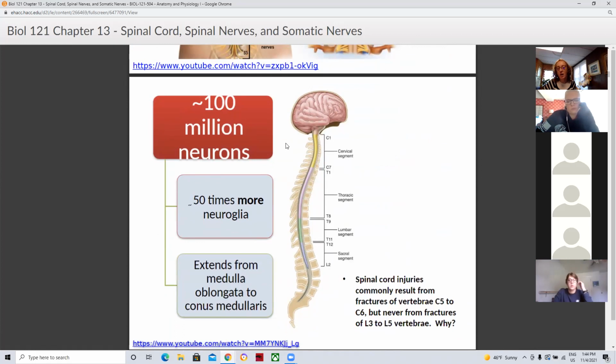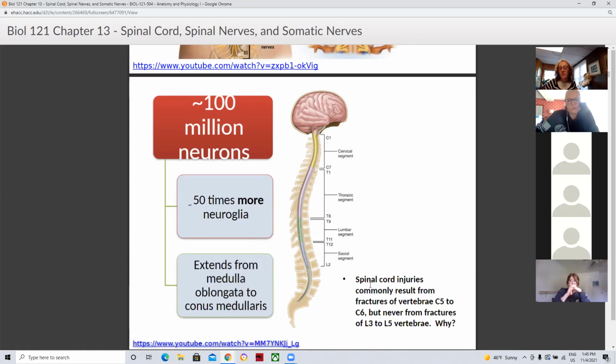And there are about 50 times more neuroglia than there are neurons. So you're looking at about 50 trillion neuroglia, somewhere right in there. It extends from the medulla oblongata in the brain to the conus medullaris, which is the tip of the spinal cord.